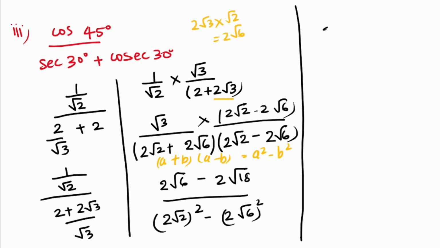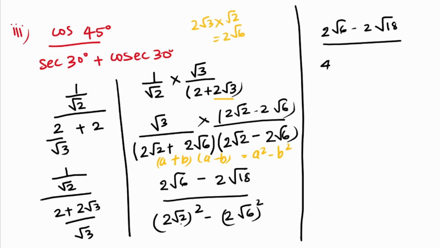So we have 2 root 6 minus 2 root 18 divided by, just listen carefully over here, the square of 2 is 4, so we'll write 4.